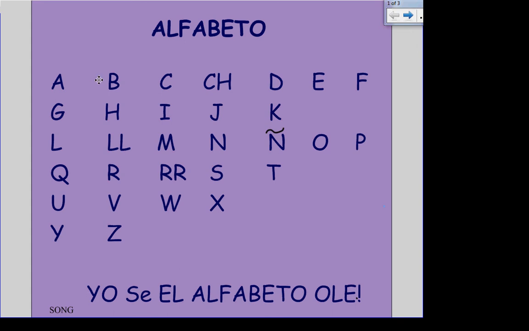A, B, C, Ch, D, E, F, G, H, I, J, K, L, Ll, M, N, Ñ, O, P, Q, R, RR, S, T, U, V, W, X, Y, Z.